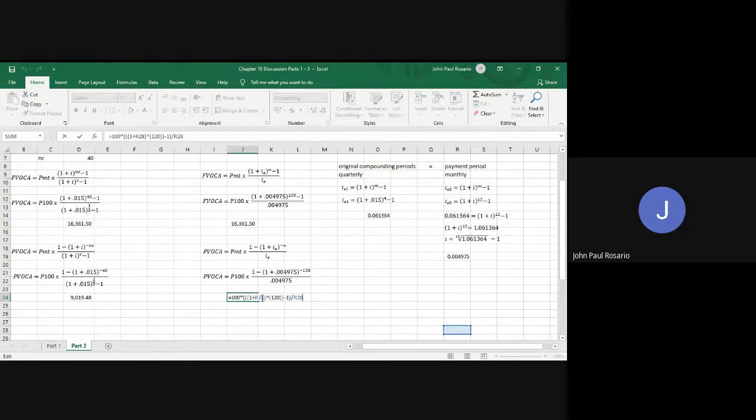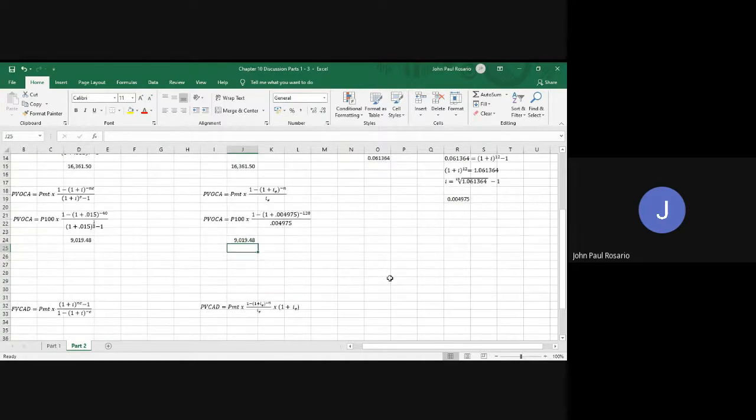So this becomes 1 plus this one raised to the power of negative 120. But before that, I'm going to put one less here, and then this will disappear, and for this one, this will be transferred here. Again, we still arrived at the same answer.